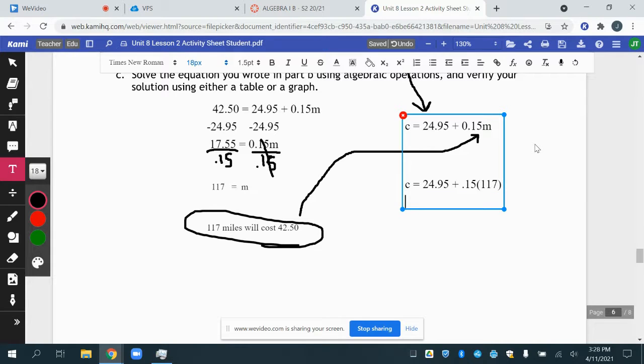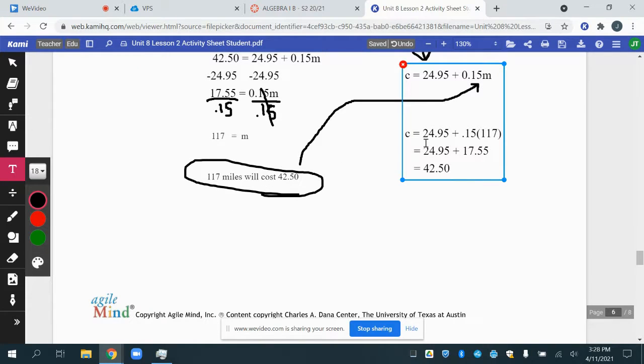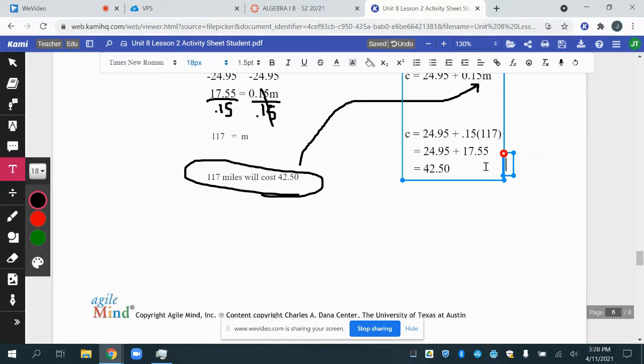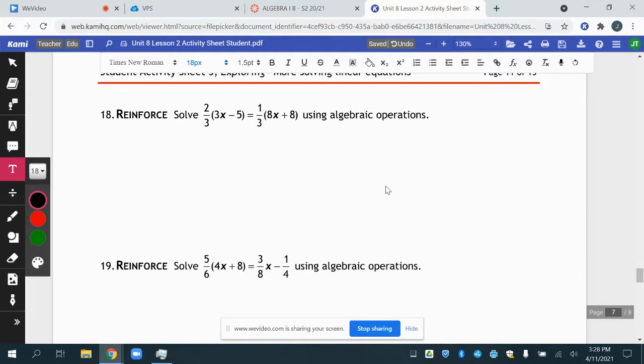If I do 117 miles times 0.15, I get 17.55, plus 24.95, which, you guessed it, adds up to make 42.50. So I just checked by plugging it in. And I noticed, yes, if I drive 117 miles, it ends up being a charge of $42.50, just like we wanted.